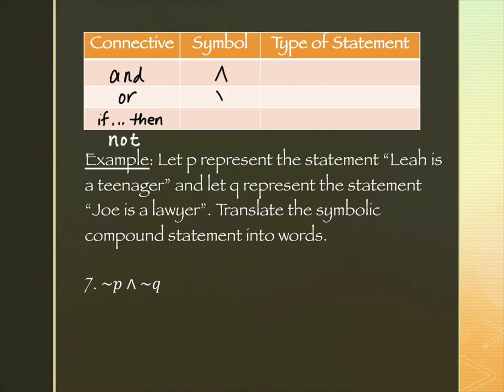Or is actually the V symbol. So or mimics back to our union symbol, where it was the U that was up, right side up, right? So if you were in my family or my husband's family or both, that's this or that's coming into play here. Same symbol, but with a V instead of a U. If then actually uses an arrow.